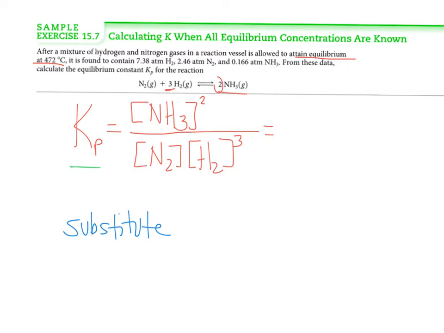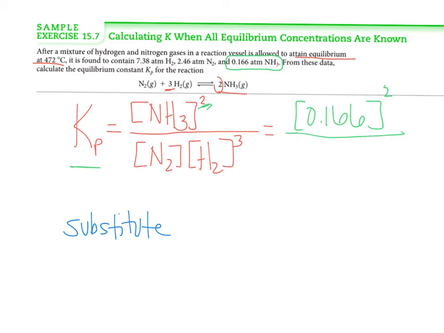So let's do that. We know that our NH3 is 0.166 atmospheres. So 0.166, that's going to be to the second power because of this 2 here. Okay, let's use a different color.